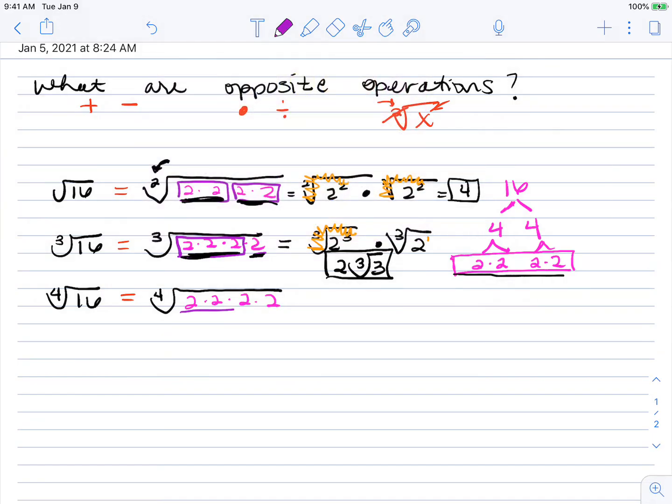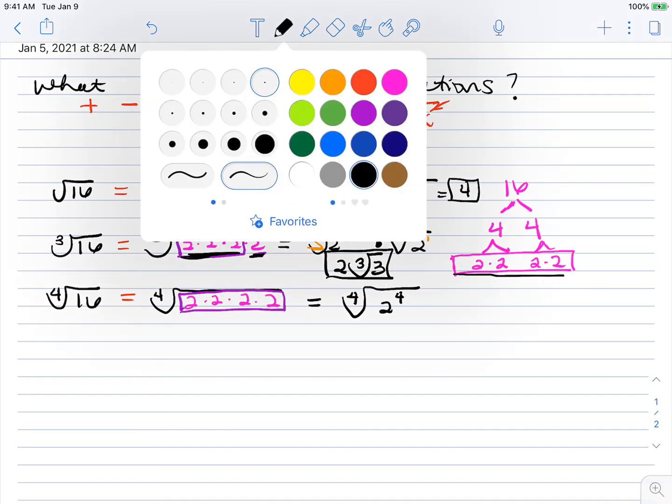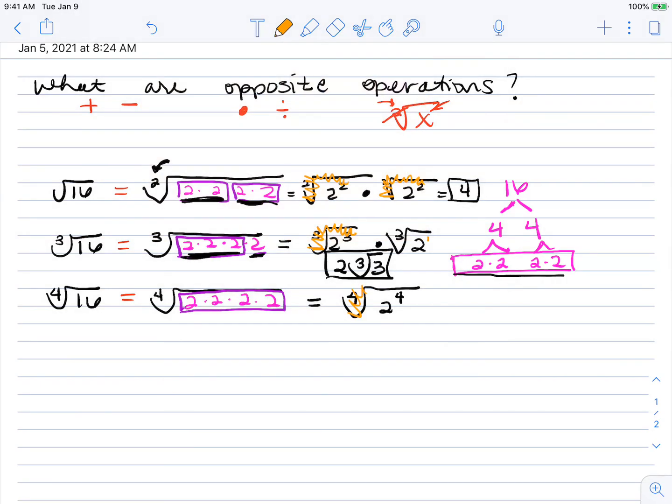I'm going to group these right here and rewrite that as a power of 4. So this is really the fourth root of 2 to the 4th. And because the index and the power are the same, they are opposite operations and they cancel each other out. And that leaves me with just a 2.